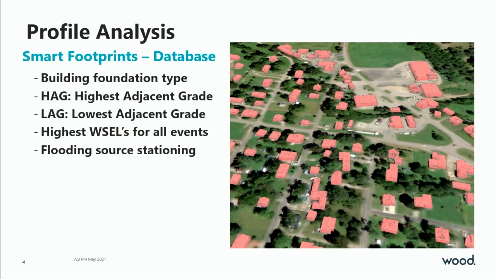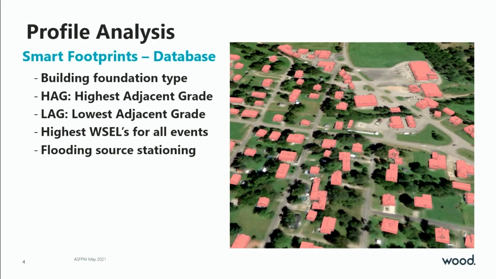At a minimum in that database, you need the highest adjacent grade and the lowest adjacent grade that touches that structure. The lowest adjacent grade basically would be if the water started coming up, what's the first point on that structure that the water would touch. The highest adjacent grade would be the last point on that structure that the water would touch.